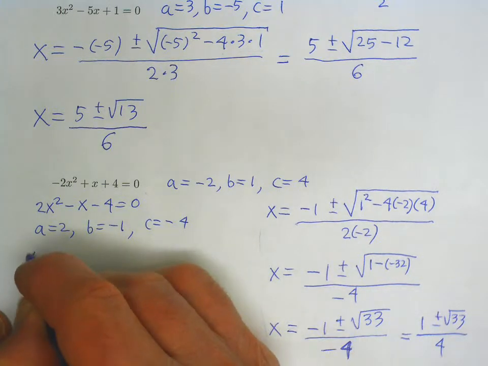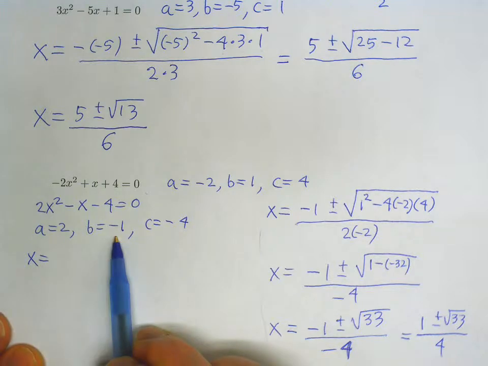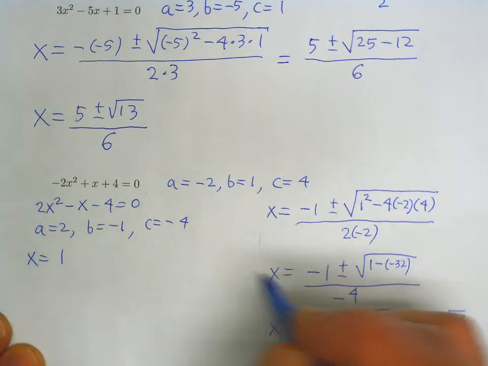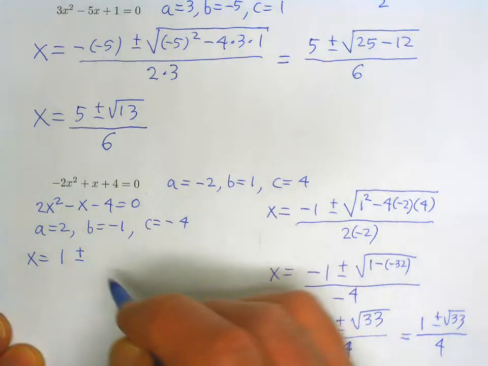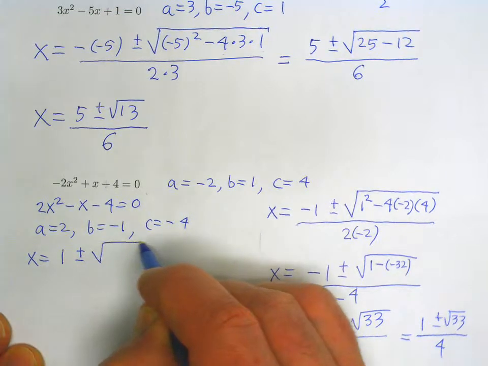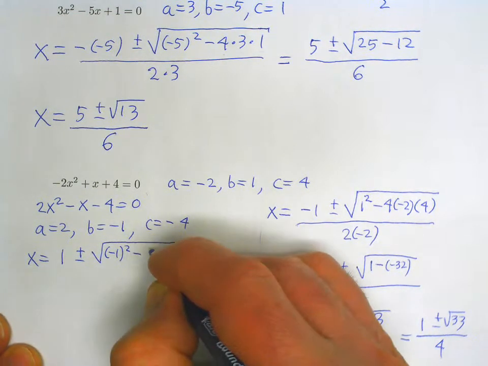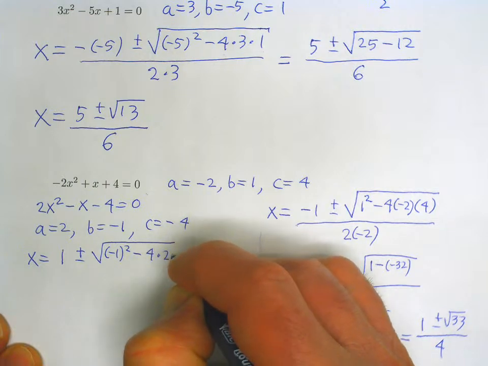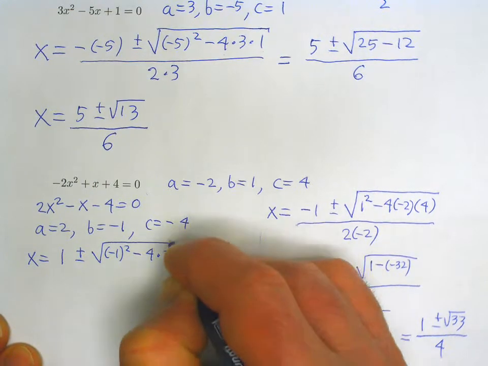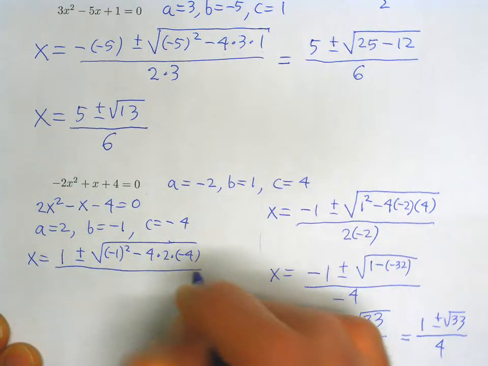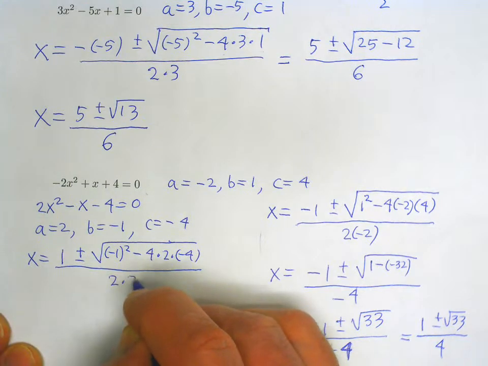So x equals the negative of -1, which is 1, plus and minus the square root of the number -1 squared minus 4 times 2 times -4, all divided by 2 times 2.